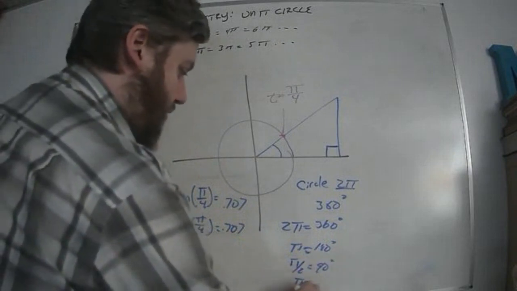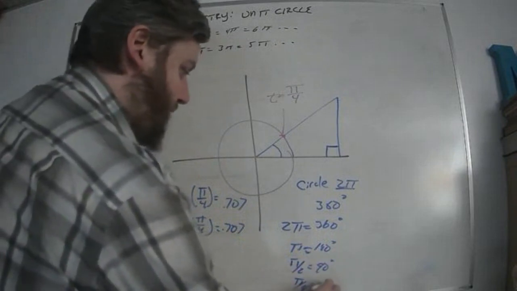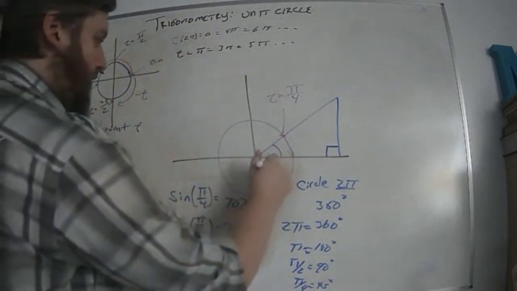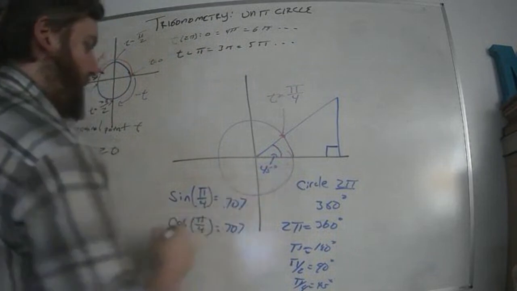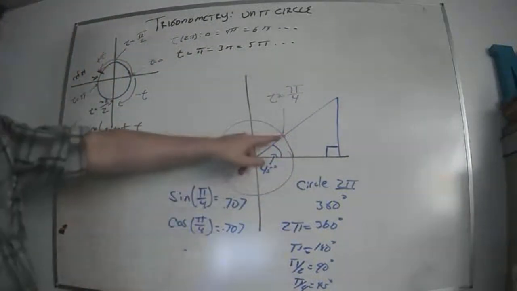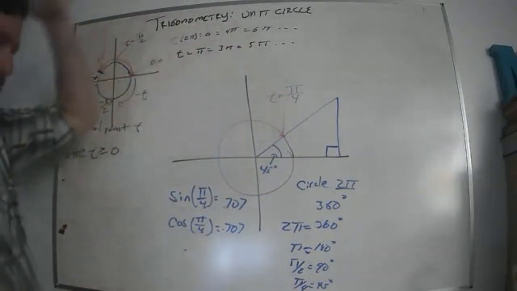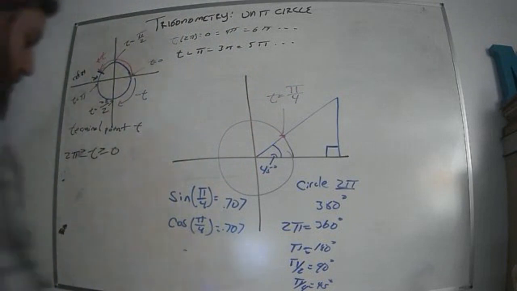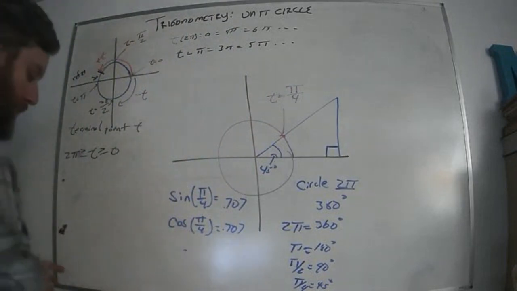And pi over 4 is 45 degrees. So this here is an angle of 45 degrees. It is a terminal value of pi over 4. And that's why we need to have degree mode versus radian mode. And make sure you feed it the right number.